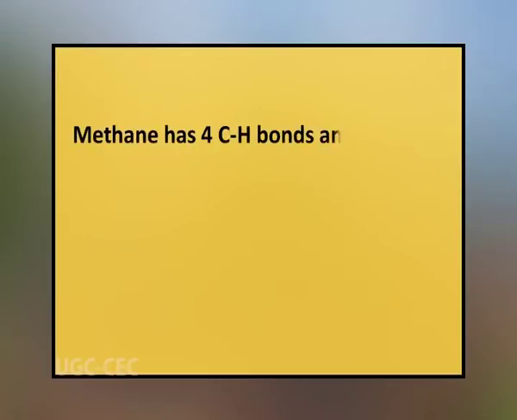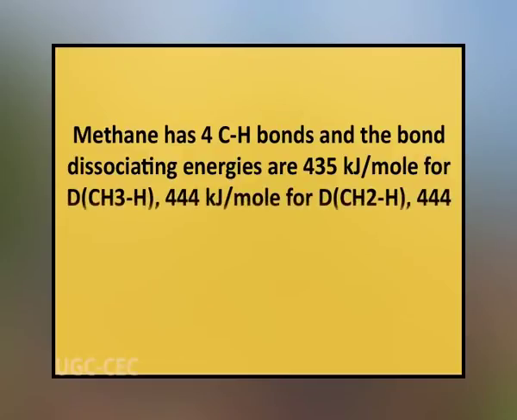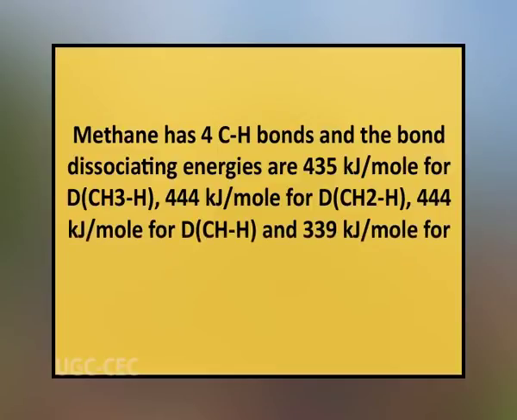For example, methane has 4 C-H bonds and the bond dissociation energies are 435 kilojoules per mole for CH3-H, 444 kilojoules per mole for CH2-H, 444 kilojoules per mole for CH-H and 339 kilojoules per mole for the C-H bond.